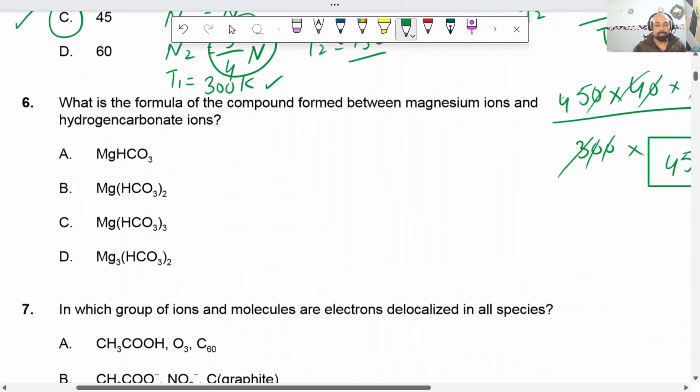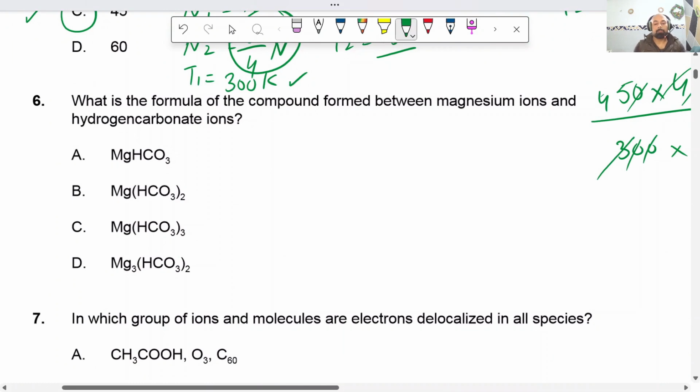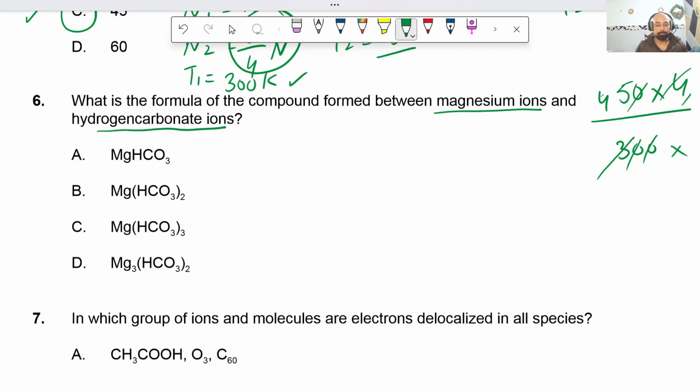Let's try question number 6. This question is from the atoms, ions, and writing formula of the ionic compounds, right? So for this question, what is the formula of the compound formed between magnesium ions and hydrogen carbonate ions? We know that HCO3 has a charge of -1. So this is a polyatomic anion, right?